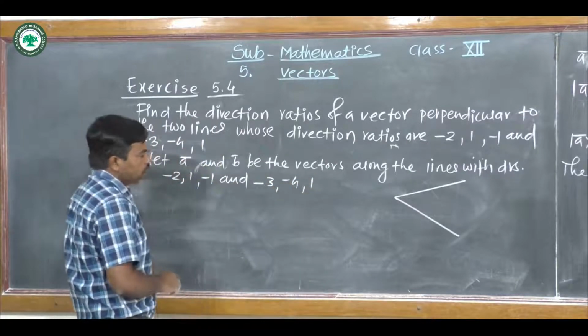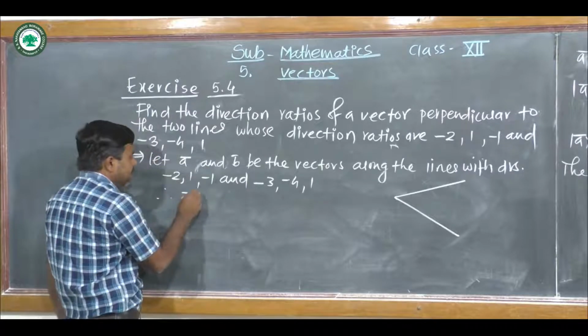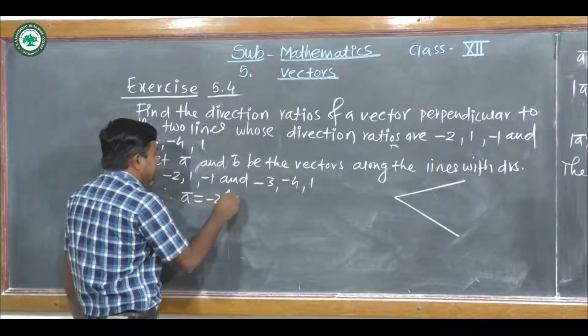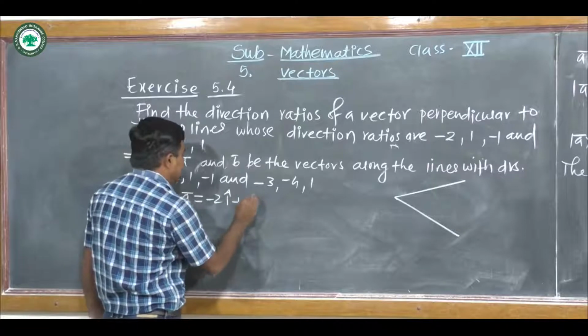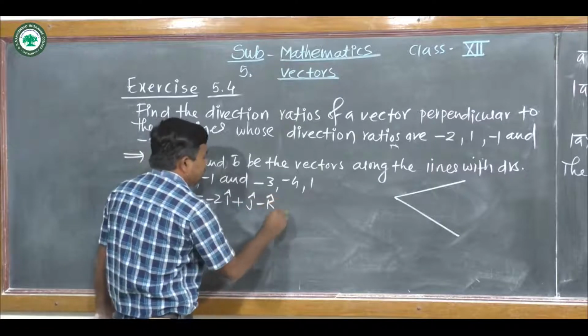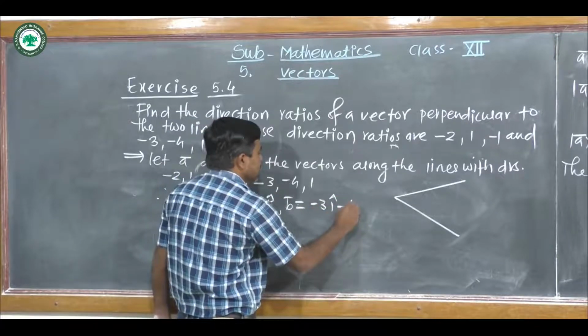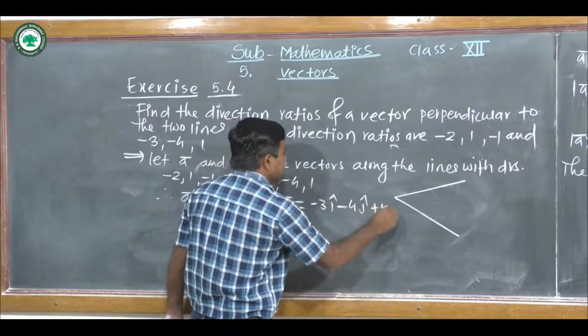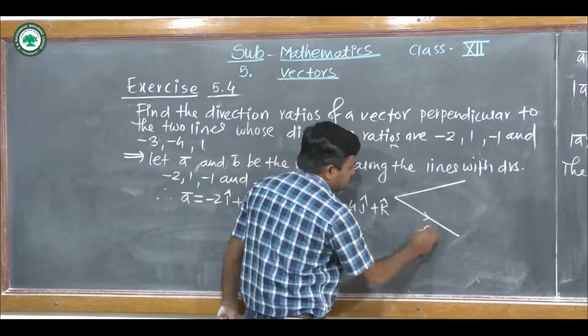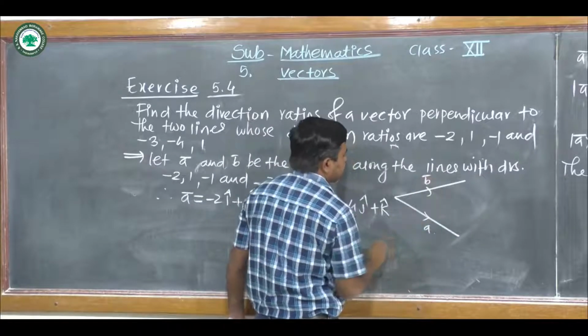Therefore A bar is -2i cap plus j cap minus k cap and B bar is -3i cap minus 4j cap plus k cap.